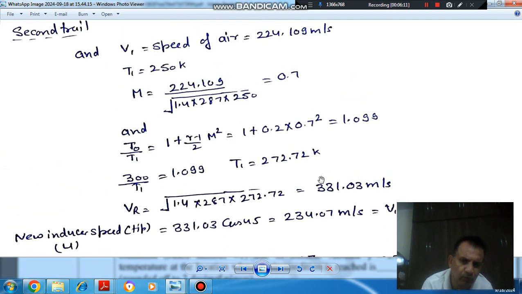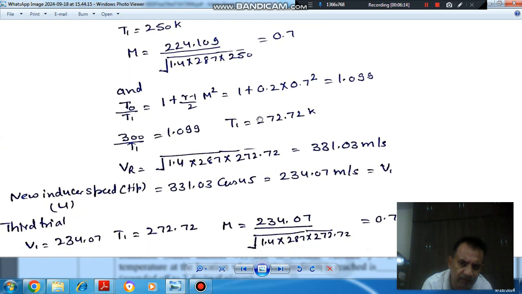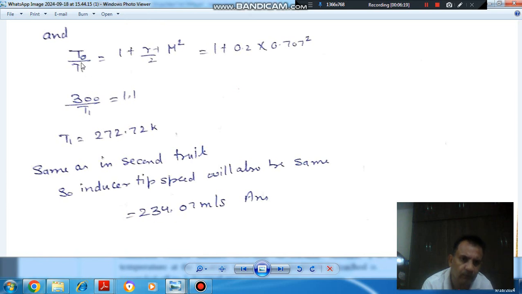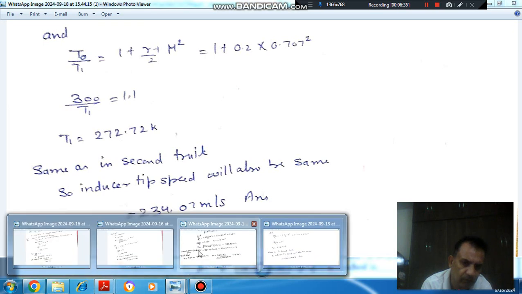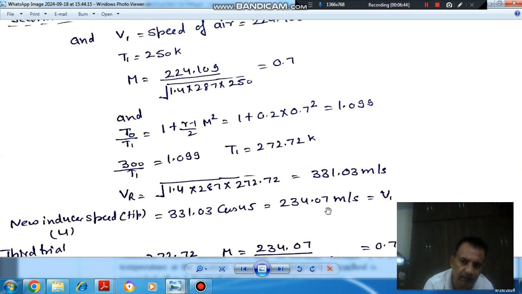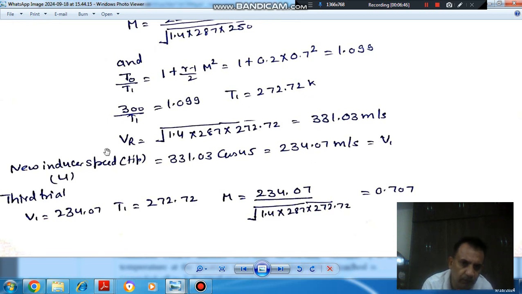So we perform the further calculation. Using the same relationship T0 by T1, we get T1 as 272.72 Kelvin in the third trial, the same as in the second trial, and the Mach number is also the same, 0.7 before and 0.707 now. So we get approximately the same VR and the same inducer speed, and there is no need for a further trial.